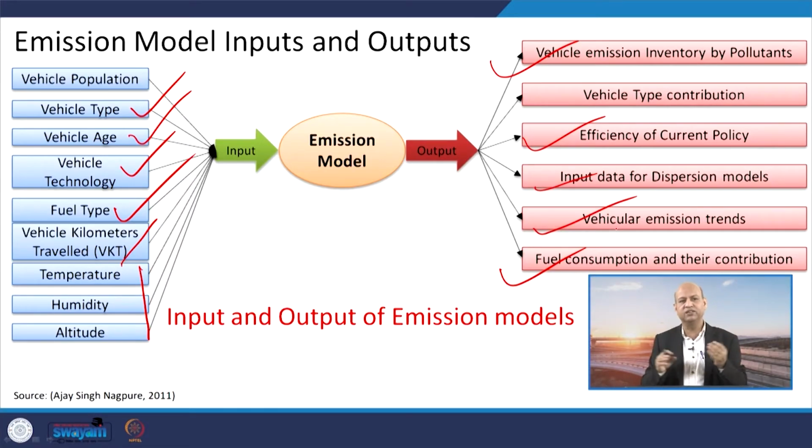So, indirectly, air quality concentration and fuel consumption can be surrogate parameters to give you an idea whether your emission inventory is okay or not, because the trends will be there: trends of emission inventory by pollutants and vehicle categories, trends of air quality concentration at certain points in the city, and also fuel consumption.